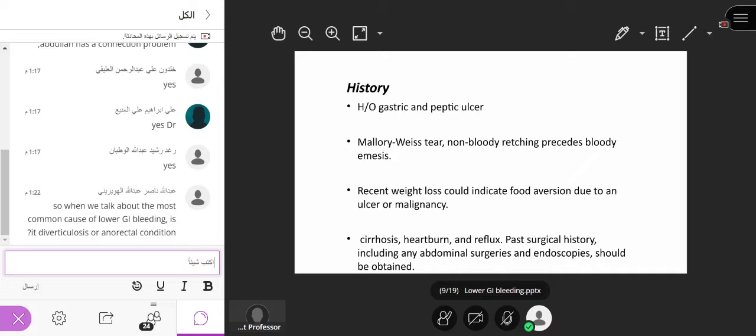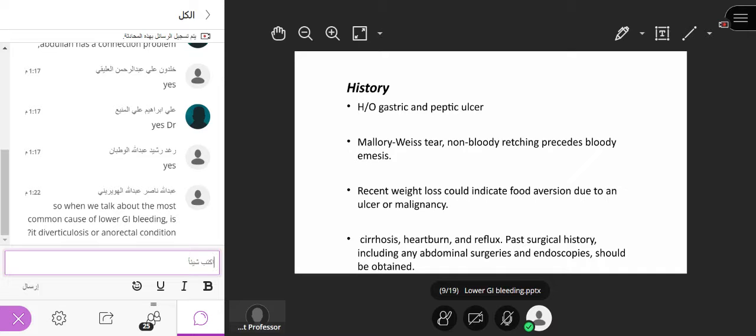Retching means you attempt to vomit forcefully with all abdominal muscles contracted, but you don't get vomiting out. This is called retching: ineffectual, forceful contraction of the abdominal muscles for emesis, but you don't get emesis.